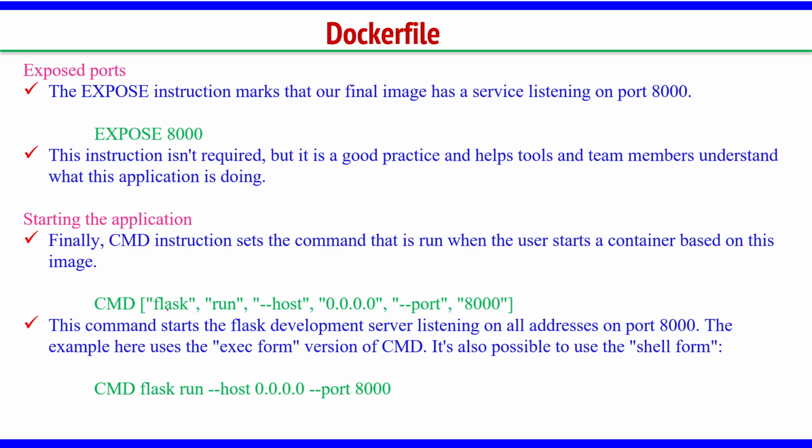Indirectly it means flask run --host --port, this is the instruction, but we are giving it as pieces in double quotes, right. This command starts the Flask development server listening on all addresses on port 8000, right. This way we can do that.